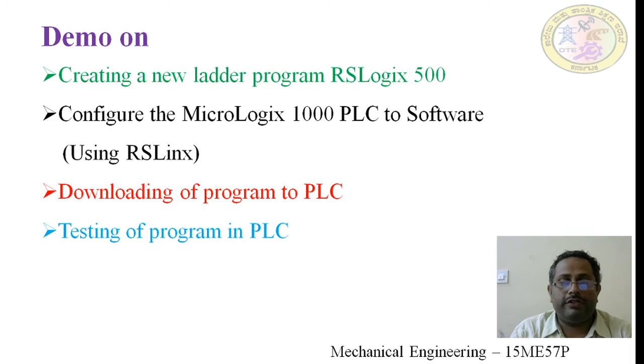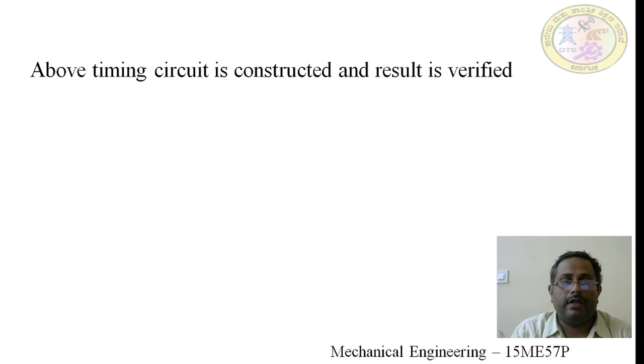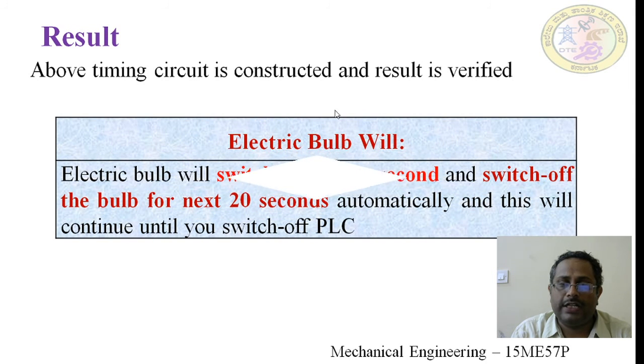Next we will see the result. The result is that the above timing circuit, which is constructed using 2 timers and 1 timer reset command to automate the process, is constructed successfully and the result is verified using a PLC. The result is as shown below.